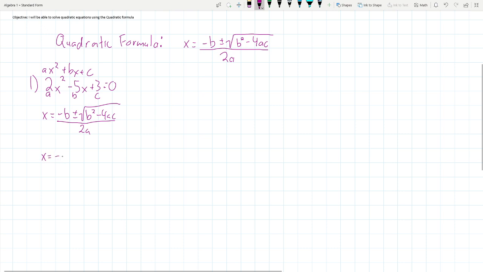My b value was negative 5, so minus negative 5, plus or minus the square root of b squared, which is negative 5 squared, minus 4 times my a value, which is 2, times my c value, which is 3. This is all divided by 2 times my a value, which is 2.